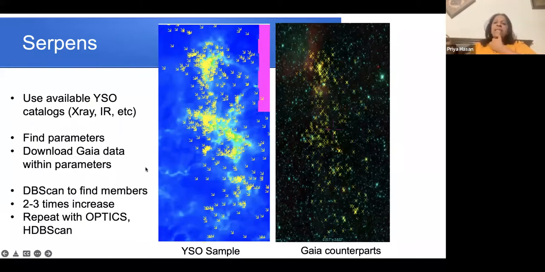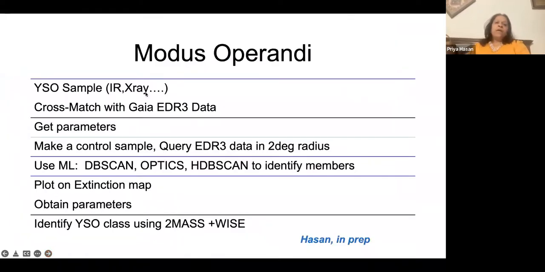Then from the Gaia data, which we had cleaned, we ran DB-scan. We also repeated the same process with some other clustering algorithms like OPTICS and HDB-scan. So the modus operandi, like I told you, was we looked for our YSO samples using various wavelength ranges, infrared, X-ray, etc. We cross-matched it with the Gaia EDR3 data and used that to get parameters from this control sample.